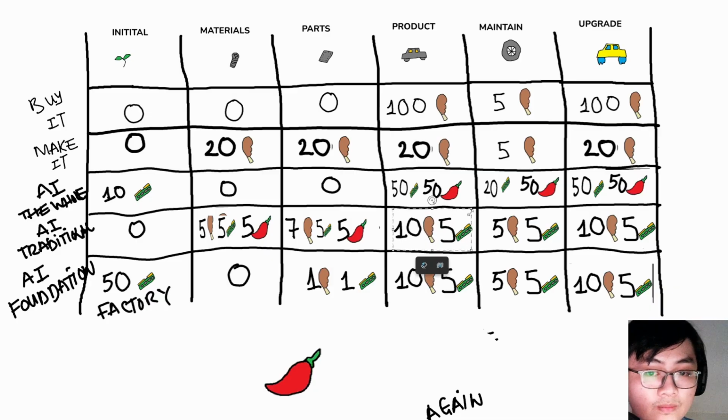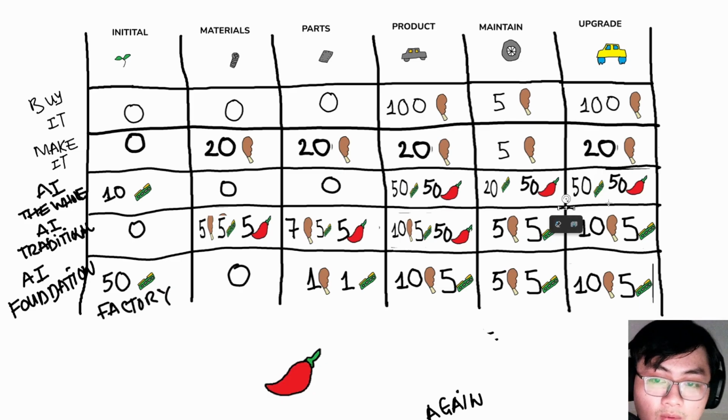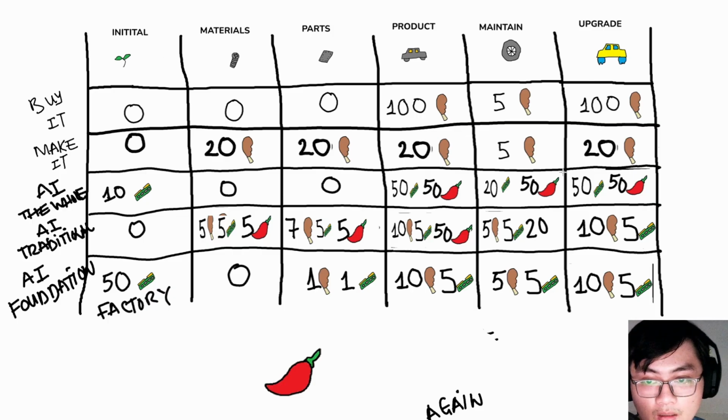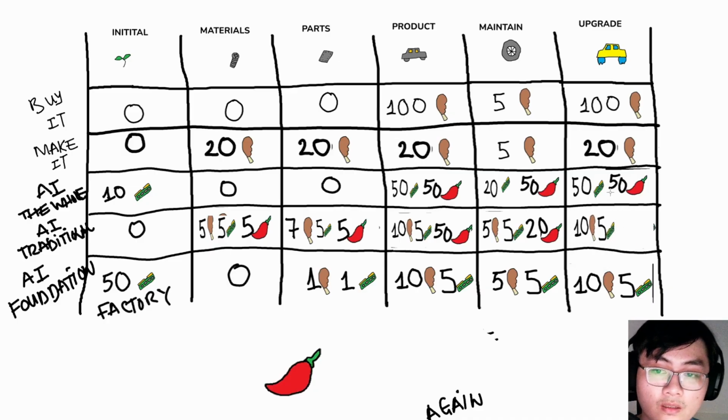And for the product, I think because it's buggy everywhere, it should be also 50 unreal power. And to maintain it, it should cost around 20, maybe 20 unreal power. And to upgrade, it should also cost 50 unreal power.